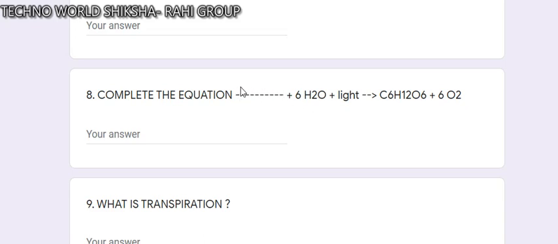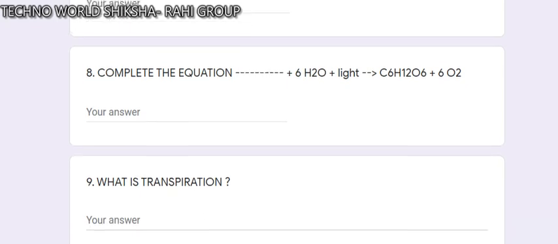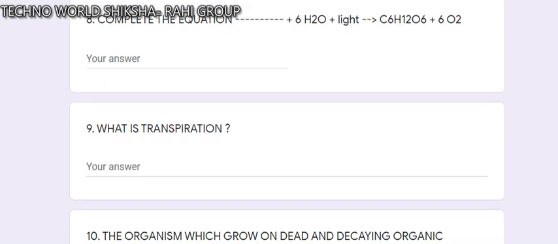So here your answer will be 6CO2: 6 molecules of carbon dioxide plus 6 molecules of water, along with sunlight, will convert into glucose, which is C6H12O6, and 6 molecules of oxygen. So this is the photosynthesis equation. Your answer is 6 molecules of carbon dioxide, 6CO2.